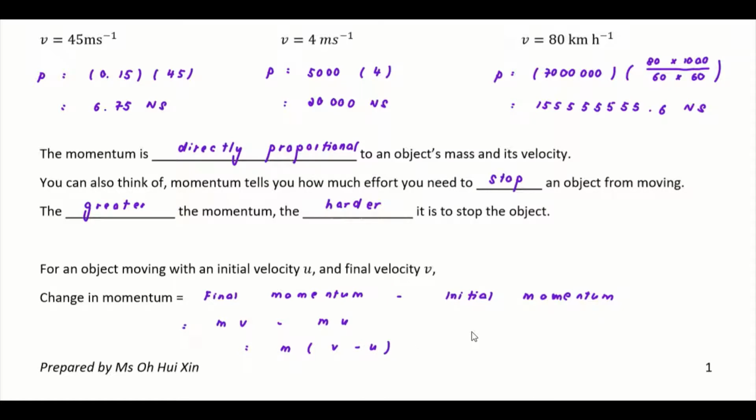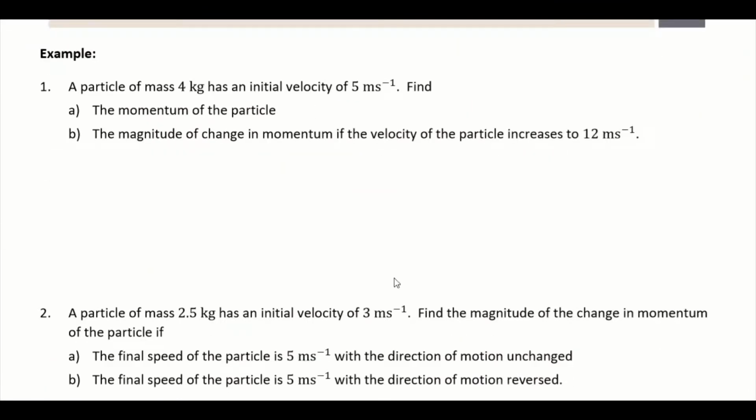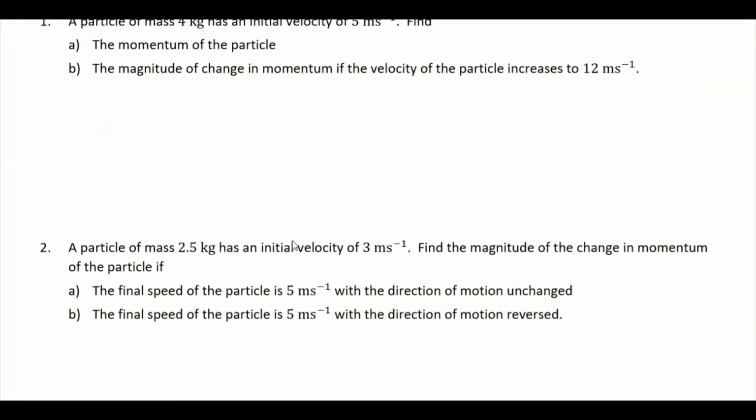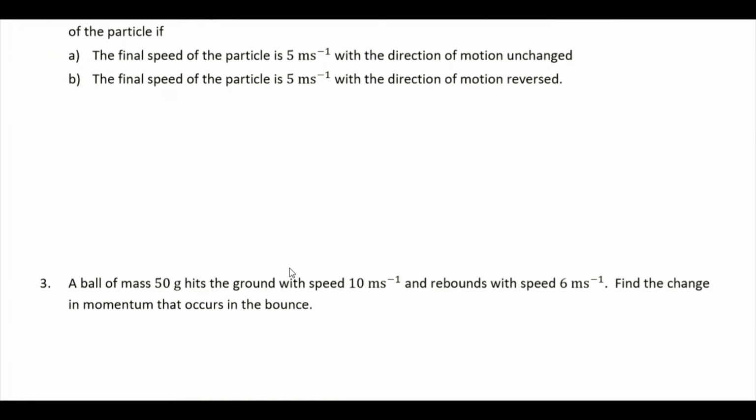Okay, so that's pretty much the part for introduction. It's actually very short because it's the first lesson. It's just for you to understand what momentum is, and we try to solve some questions here. So you can see that there are 8 questions. For the first 3 questions, 1, 2, 3, we're just going to talk about the very normal thing, which is how to find the momentum and how to find the change in momentum.